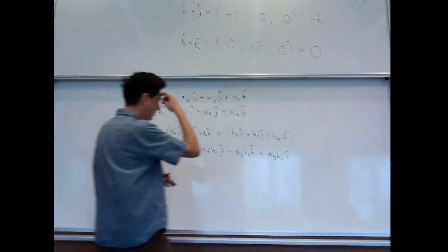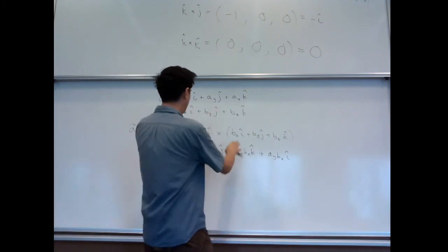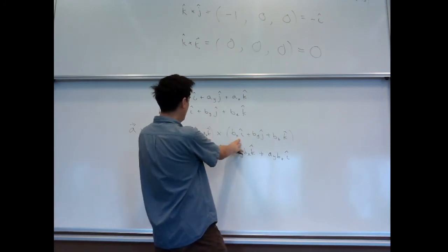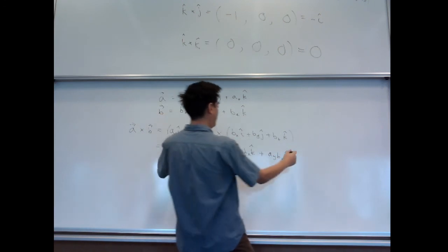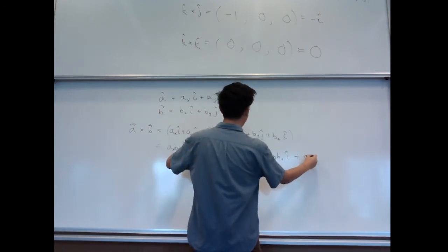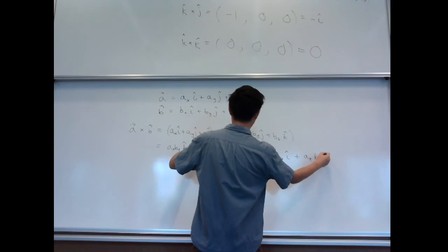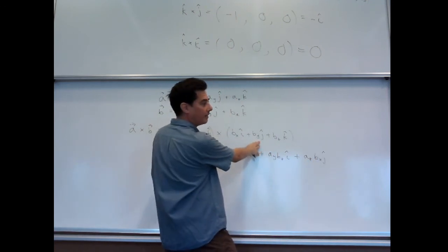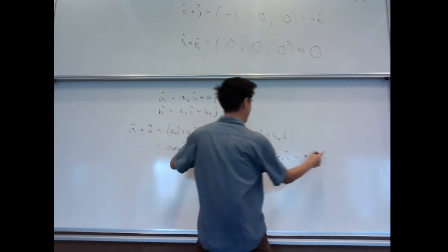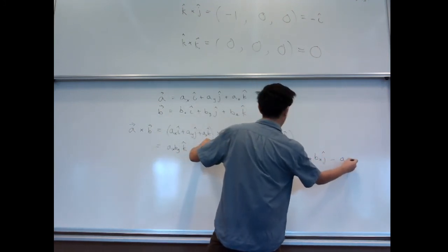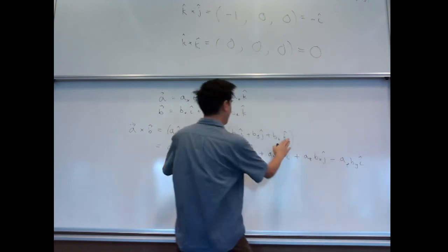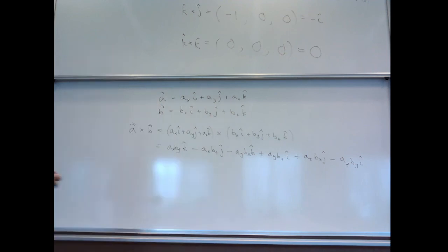Okay, so that's the next 3. And the final 3 is k times i, which is j. k times j is negative i, yes. Az By i. And k times k is 0. Alright, so we've got that.